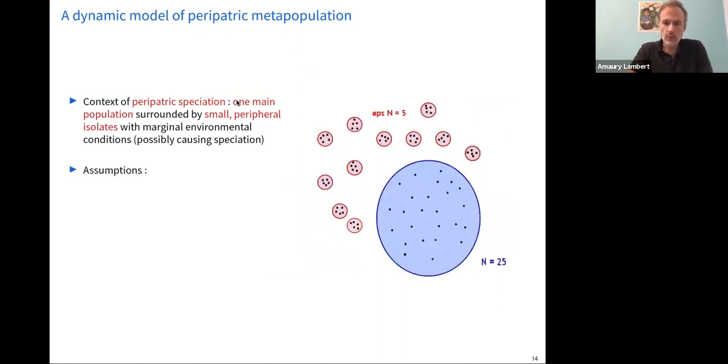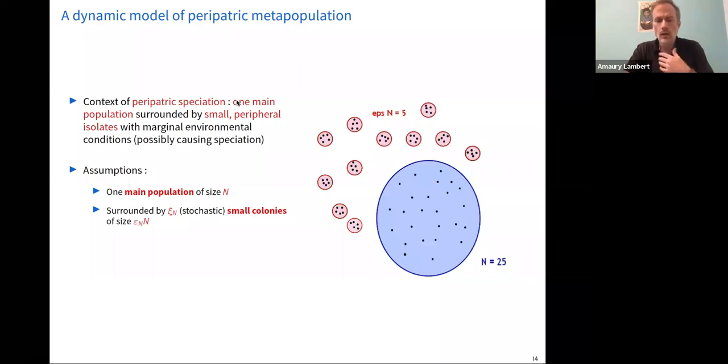So here the assumptions basically mimic this cartoon of one main population surrounded by small colonies. The main population is assumed to have size capital N, surrounded by Xi, where Xi is stochastically varying through time, Xi small colonies, each of size epsilon times N.